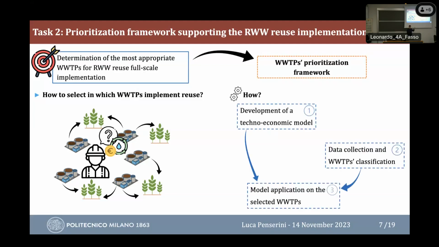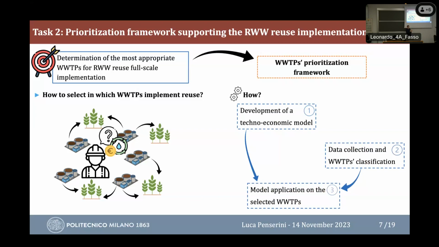So this work is articulated in 3 steps. In the first one, a techno-economic model was developed. In the second one, data were collected, and most importantly, the wastewater treatment plants that we had available were classified. Why this?